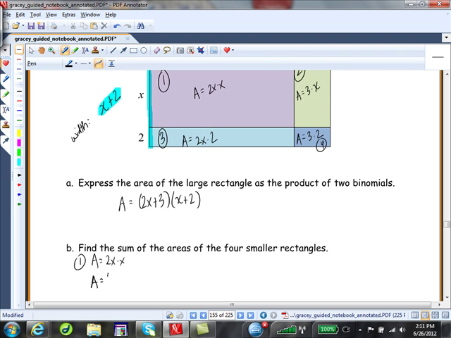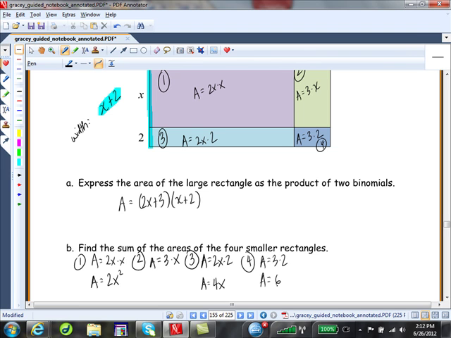So the area will be 2x squared. The second one, the area is 3 times x, which is ready already. The third one, the area was 2x times 2, so the area will be 4x's. And the fourth one, the area was 3 times 2, so it had 6 square units.